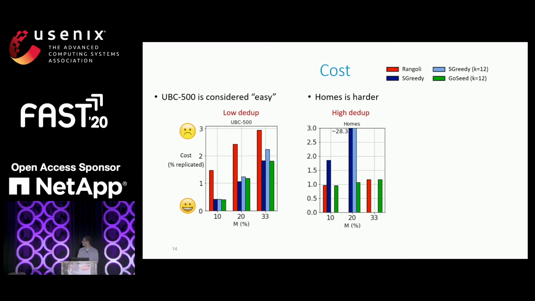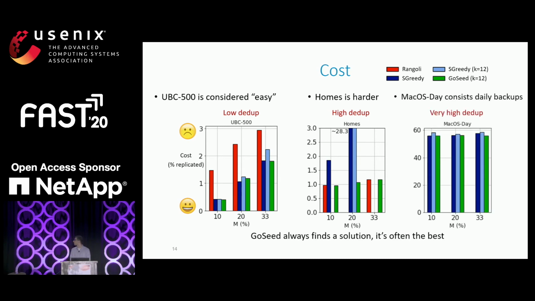We can see some missing bars, and these missing bars indicate that some of the algorithms did not come up with a solution to this problem on these certain parameters. But what we can see is that GoSeed always came up with a solution, and most of the time it was the best solution in cost among all.